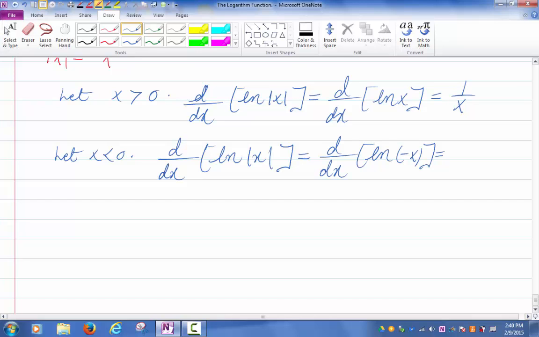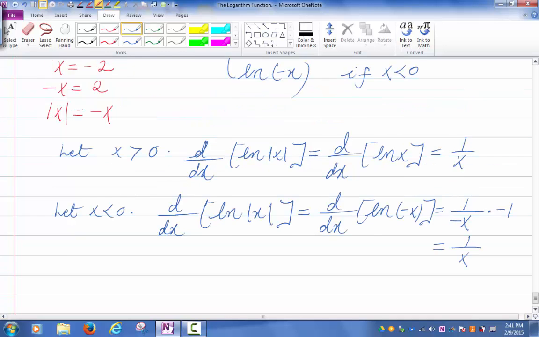If negative x were just x, then the derivative would be 1 over negative x, but it's not, so multiplied by its derivative, negative 1. What do I end up with? 1 over x again. So it doesn't matter whether x is positive or negative, the derivative is 1 over x in both cases.